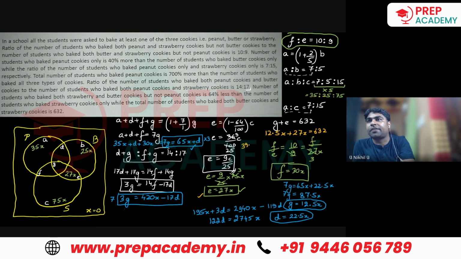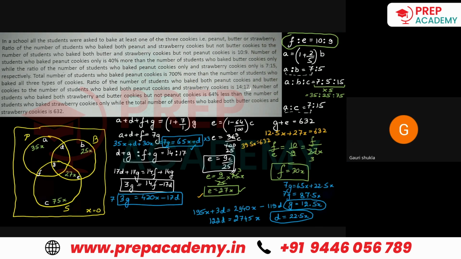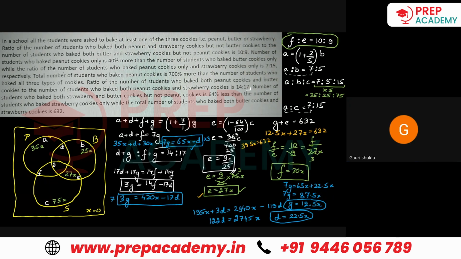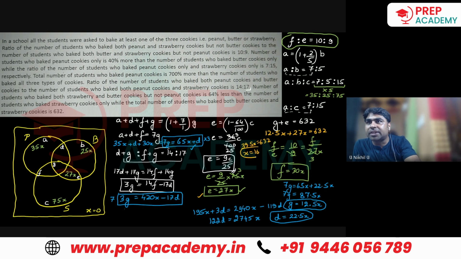So 39.5x is equal to 632. If you just do the division of that, you will get the value of x. X is 16, 632 divided by 39.5. As soon as you get the value of x as 16, any question that will come, we'll be able to answer.